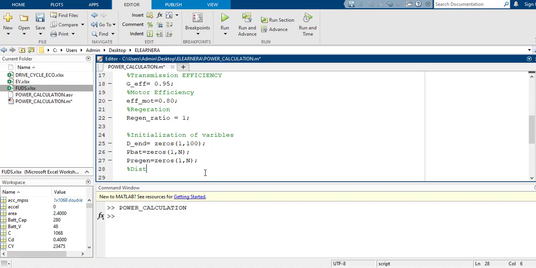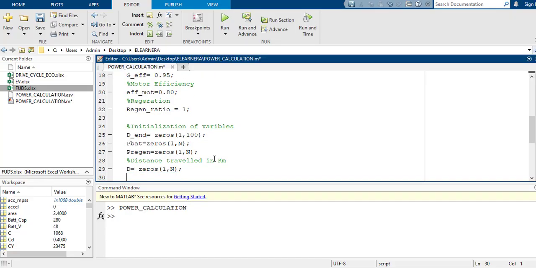So distance travelled in kilometers is equal to d into zeros 1, n is equal to n.